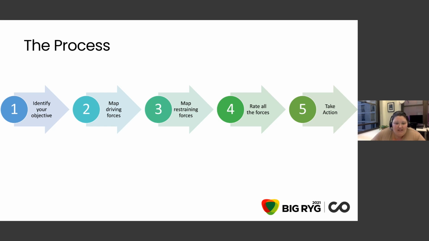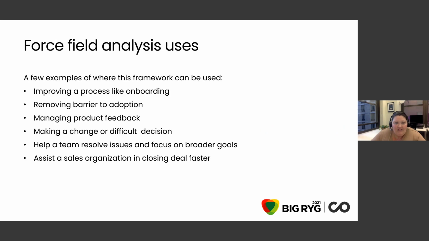So let's talk a little bit about some of the different types of processes where you can use a force field analysis. There are many, both in personal and professional life. This framework is helpful in a lot of areas. A few specific ones where I've used it before: improving processes like onboarding, which we just talked about. Removing barriers to adoption.